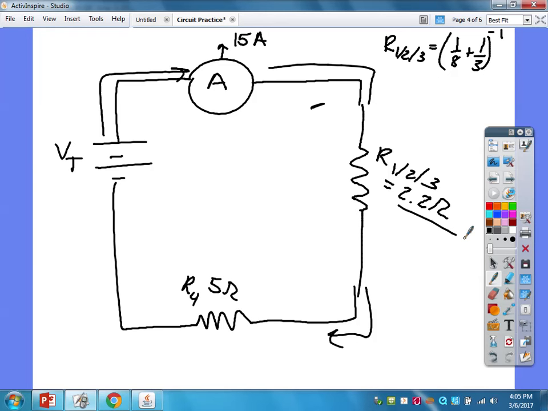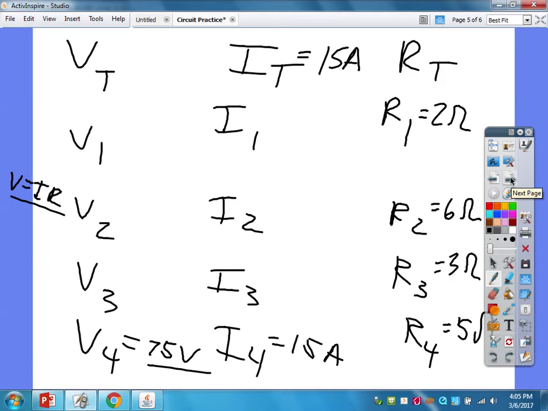So if I add these two up, 2.2 plus 5, 7.2. That's my total resistance, 7.2 ohms. Okay? So now I know total current and total resistance, so I can multiply those two together. 7.2 times 15 is 108 volts. So that's the total voltage coming from the battery.